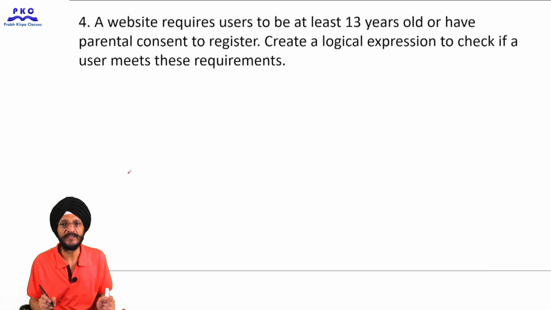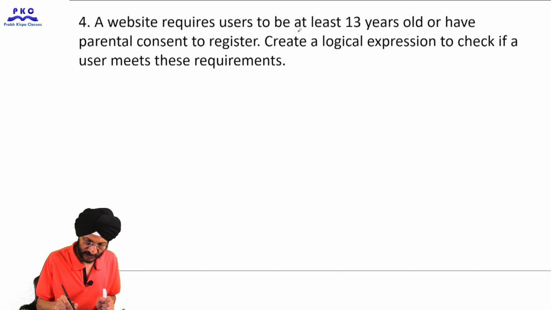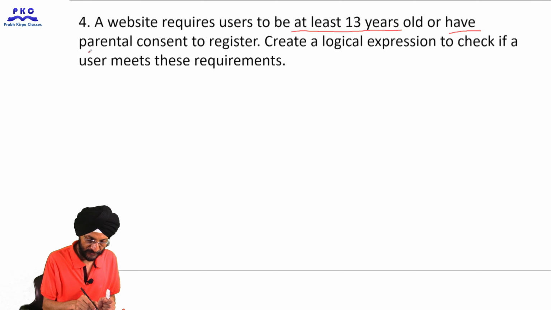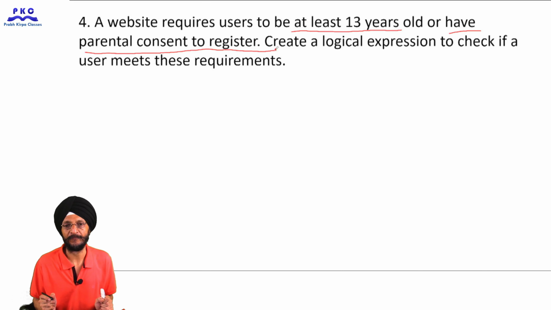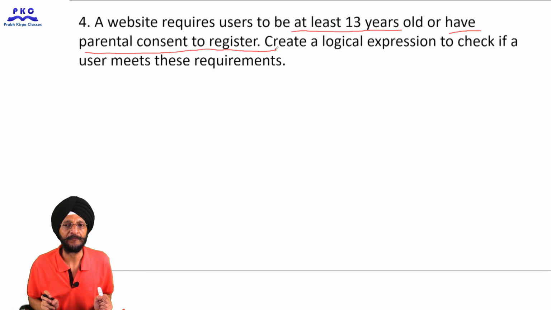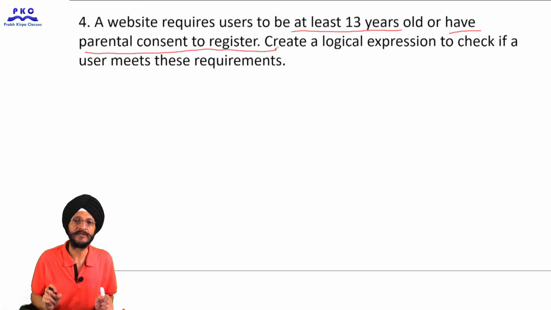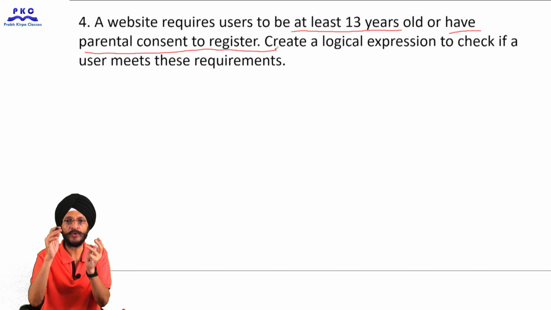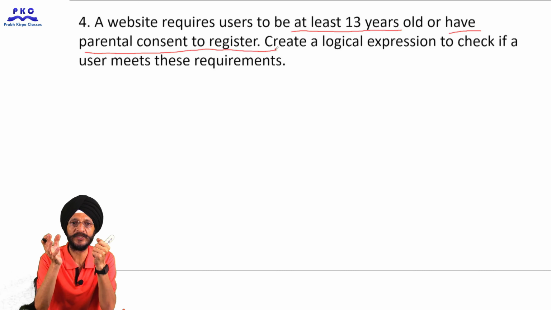Now the fourth question is, a website requires users to be at least 13 years old or have parental consent to register. When we go to register at any website, sometimes there are conditions put forth that a person should be of a specified age or should have some parental consent to register.